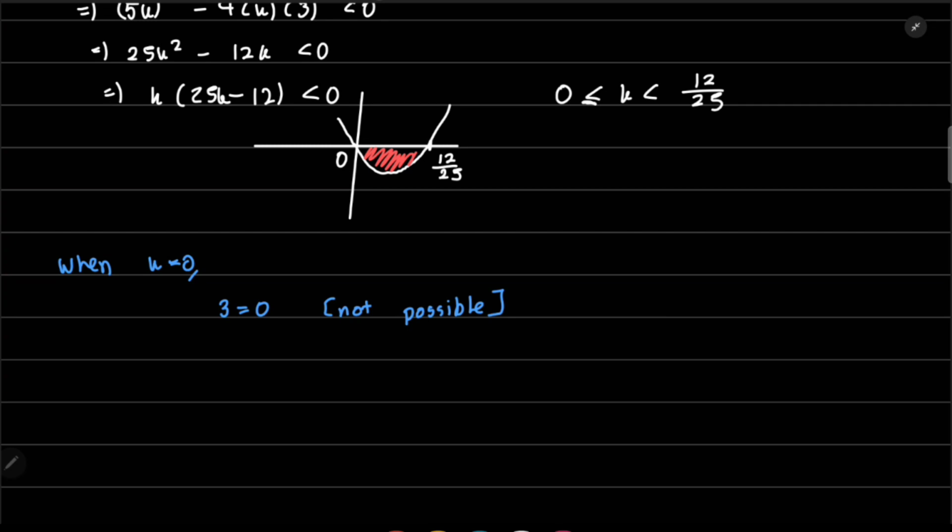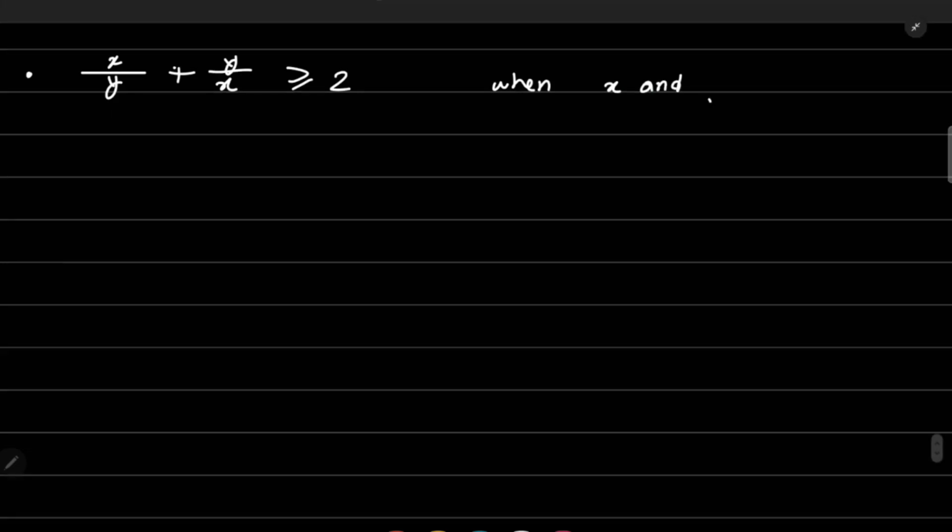Another topic we'd have to learn over here is the use of jottings. So for questions where we have inequalities, for example, I might have to show x by y plus y by x is greater than or equal to 2 when x and y are positive.